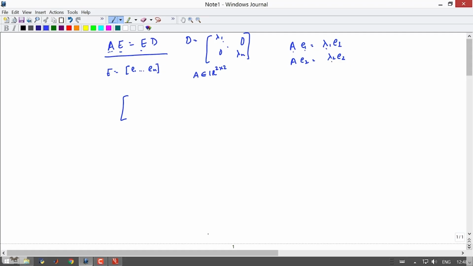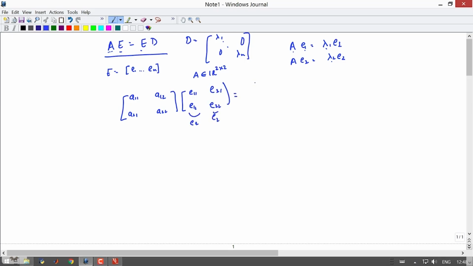Assume I can write A in terms of its individual entries A11, A12, A21, A22. I just expand this. E1 will have its components E11, E12, so this constitutes my E1. Similarly with E2, this is my E2.